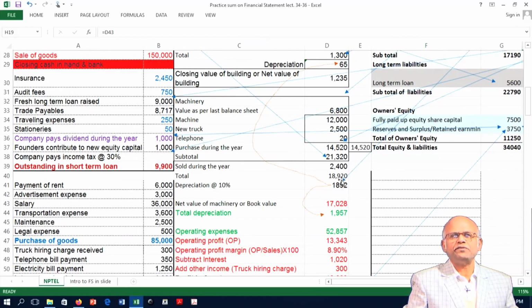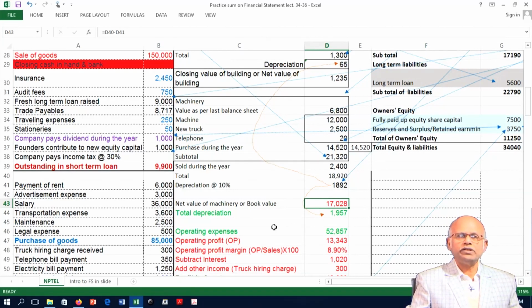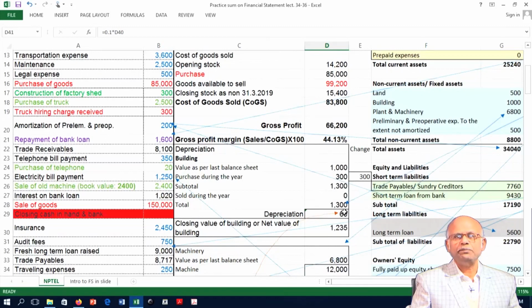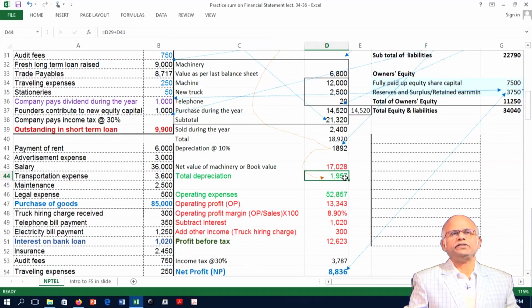Deduct the depreciation from the total depreciable asset, and you get 17,028, that is the net value of the machine that should go to the balance sheet. Then add the depreciation on building assets, so it makes 1957. 1957 is the total depreciation.